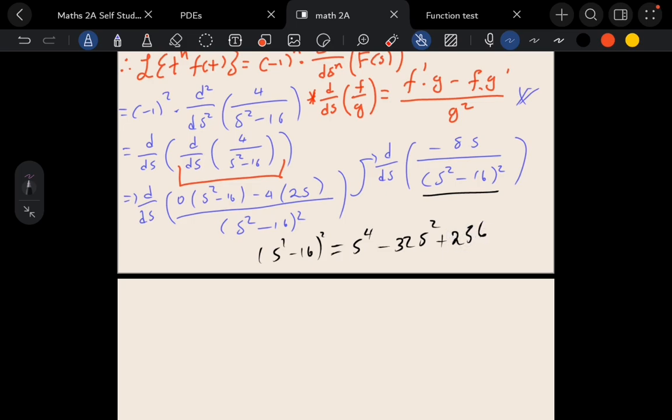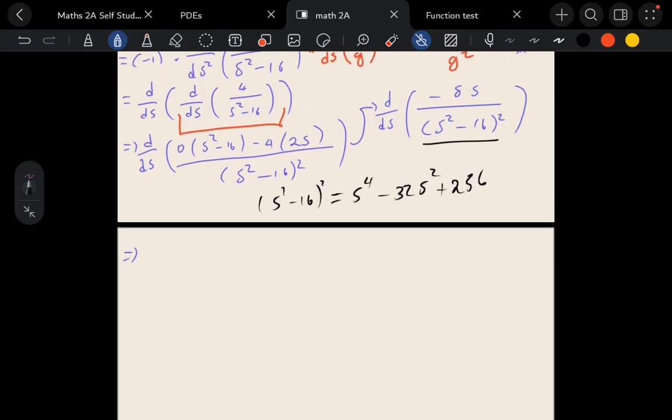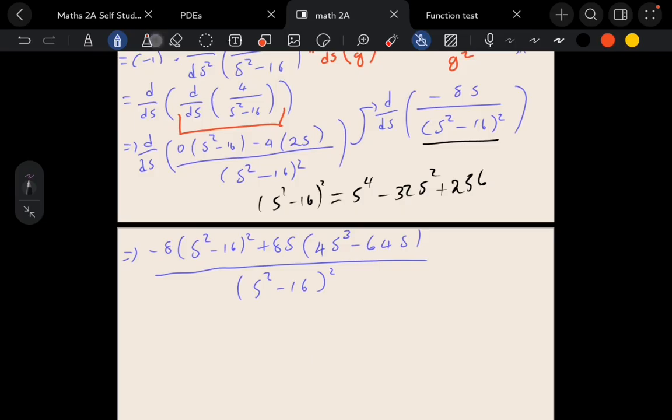Like that. So by deriving this once more, what is the derivative of the numerator? It's going to be negative 8, multiplied with the denominator, which is s squared minus 16 all squared, plus 8s times the derivative of s squared minus 16 all squared, which is going to be 4s cubed minus 64s. All of this must be divided by s squared minus 16 all squared, and then all squared, which is the second derivative all squared.